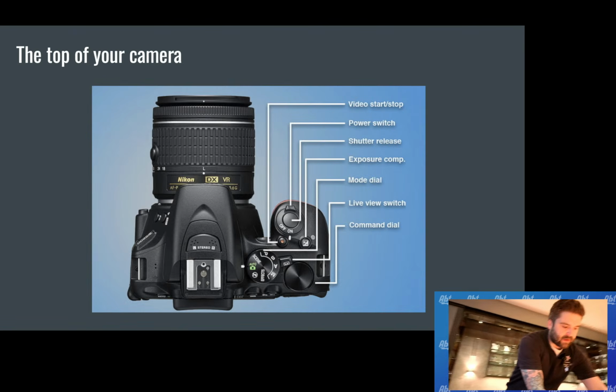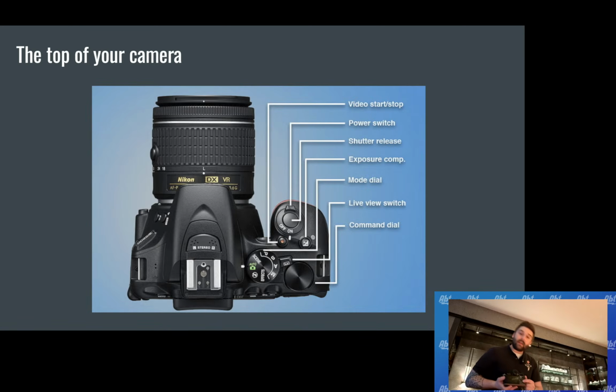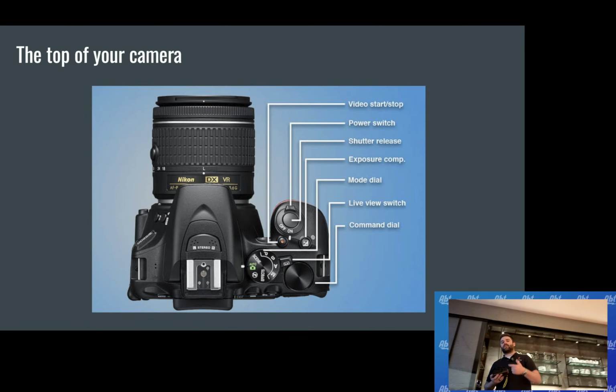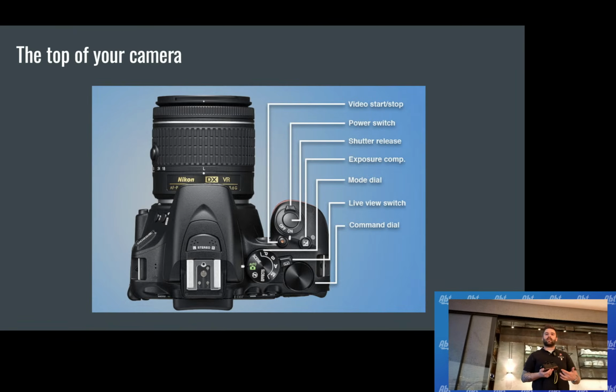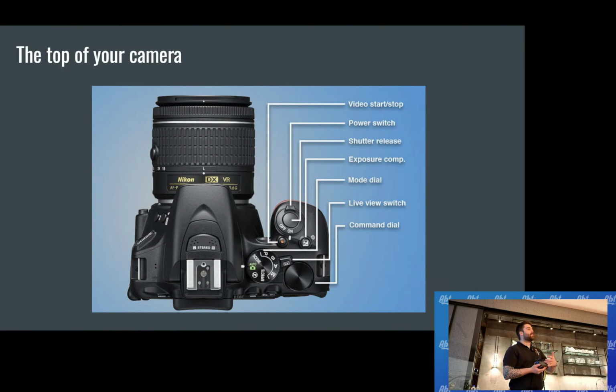Let's see if I can find mine on there. Yep, mine says DISP on there. So I've got the display button there. Display button will do something similar, where it'll change the screen on your camera to represent whatever you want it to be. Some people would prefer this as all black. Some people want to see through it. Some people want it to look like the controls. By pressing this button, it'll change the format of how the screen looks.